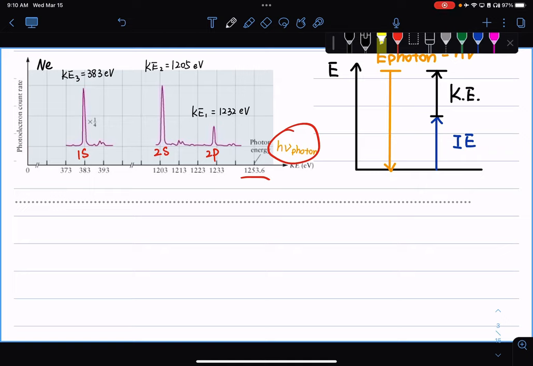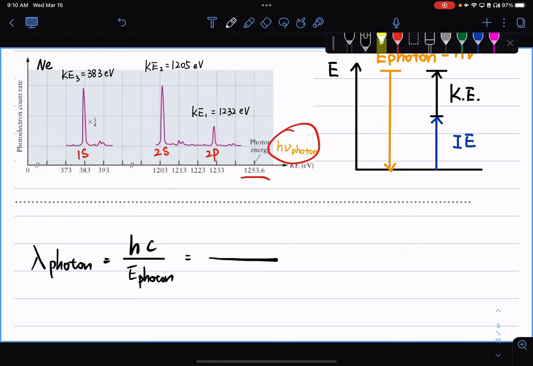We can calculate the wavelength of that photon to be hc over E photon. You can plug in the numbers and do the calculation to get 9.9 times 10 to the negative 10 meters, which is an X-ray.